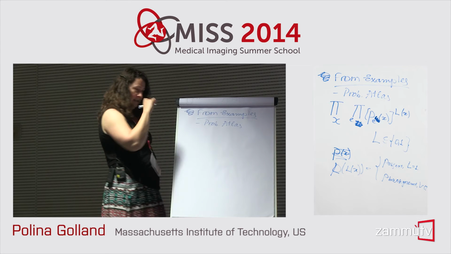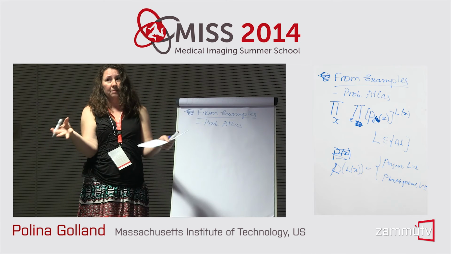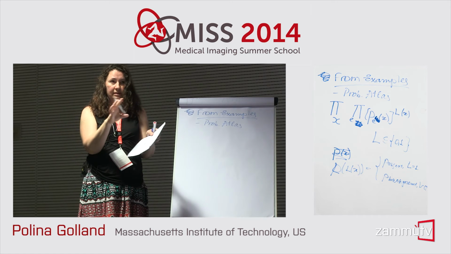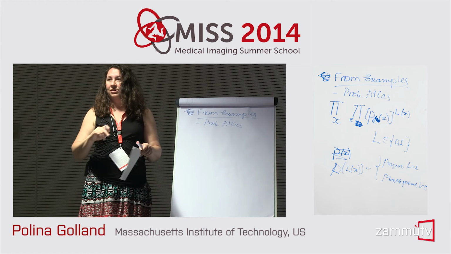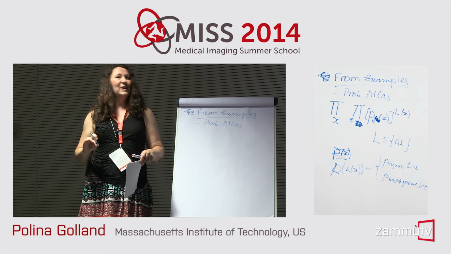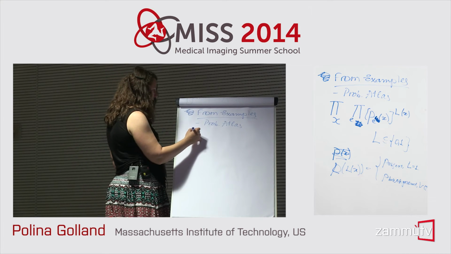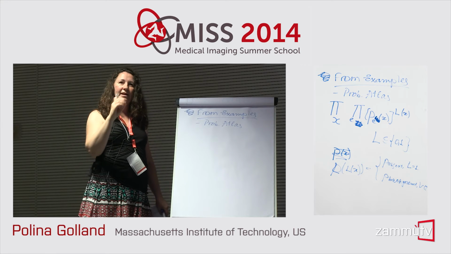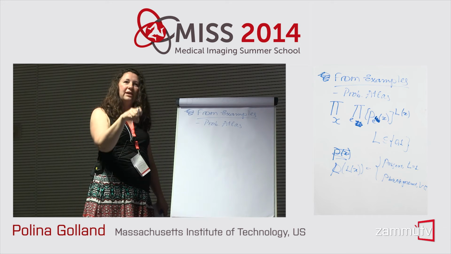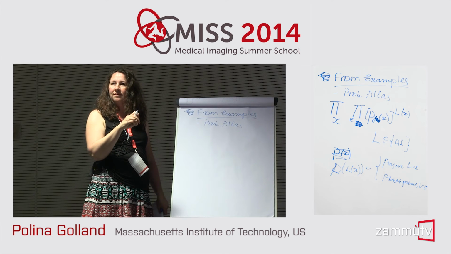The simplest way to do it, you register all the images together. This is the first time I mention registration, and I'll come back to it in a second. So you register all the images together, and you average the segmentations. If you want to give a fancy name to it, you say, I'm building a probabilistic atlas. Of course, what's happening is you're estimating the average probability or average frequency of the label to the object in every voxel.